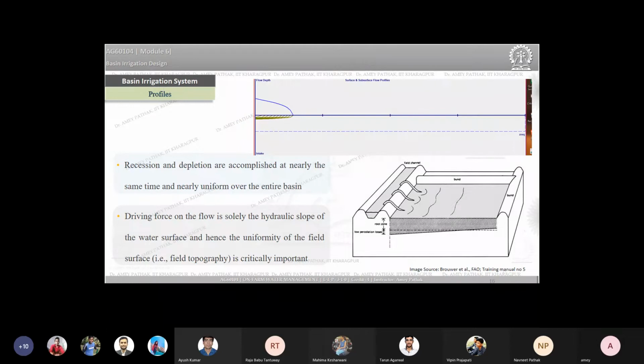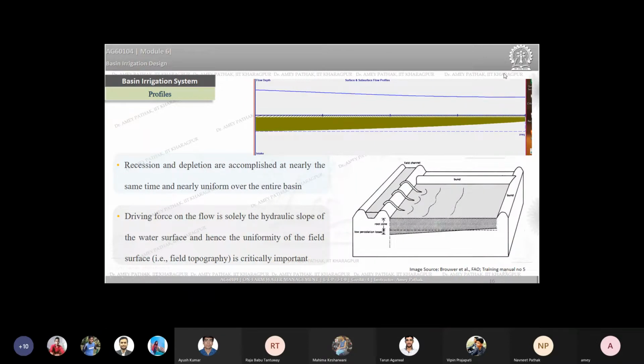Yeah, so this is an example animation that shows the surface and subsurface profile of a basin irrigation system. Okay, so you can see, what is happening here?